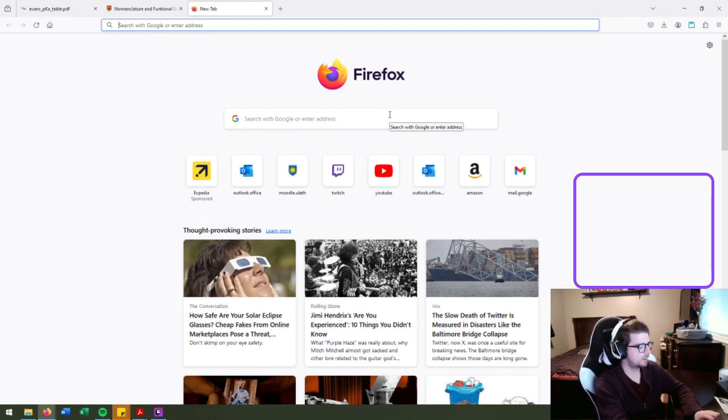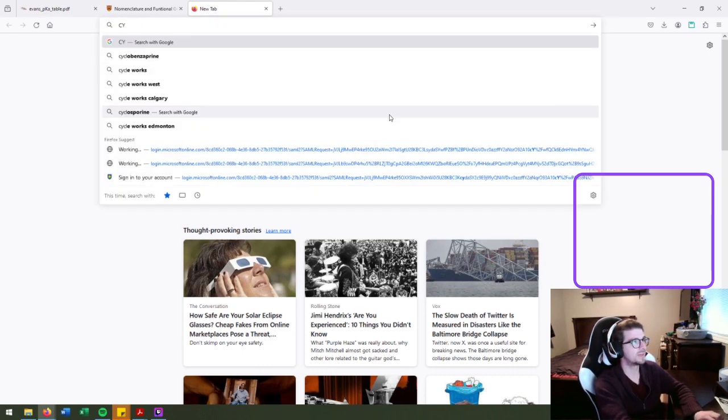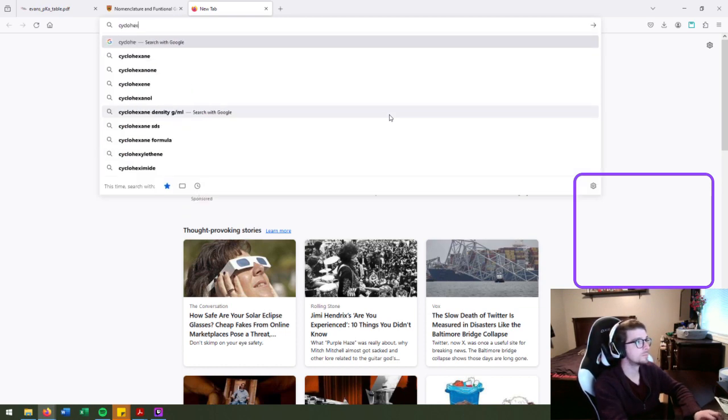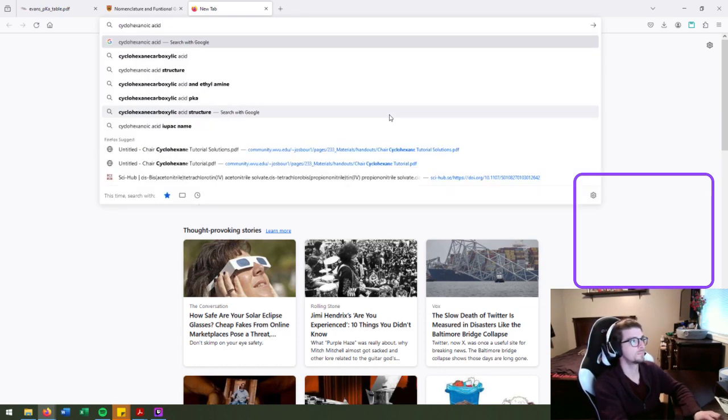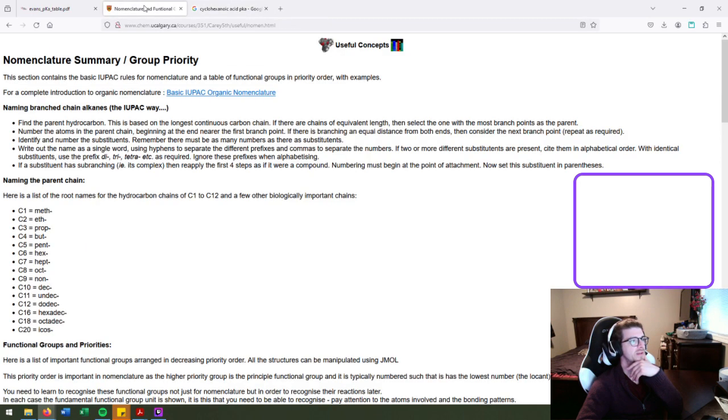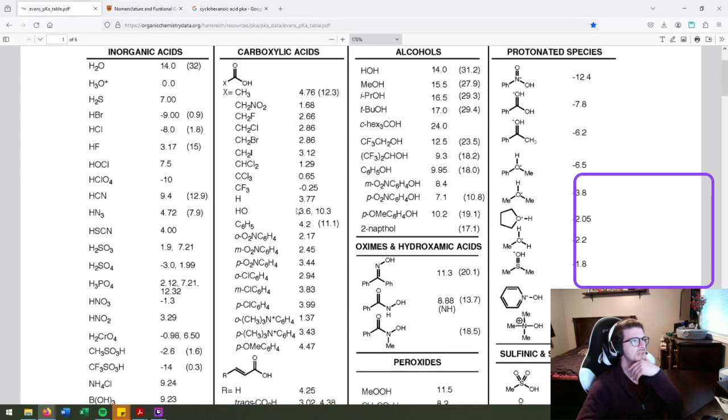So, ooh, caps, very nice. I don't want to yell at Google. Let's see if we can find it. Cyclohexane carboxylic acid. Yep. Okay, so the top result in Google at least says 4.9 for that versus 4.2 for a benzoic acid.